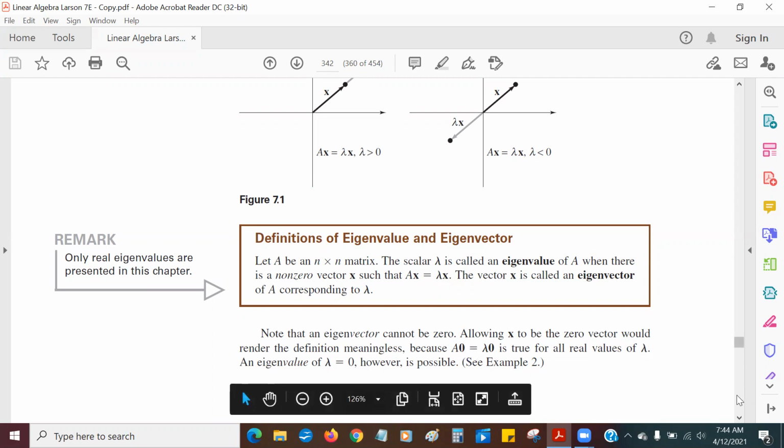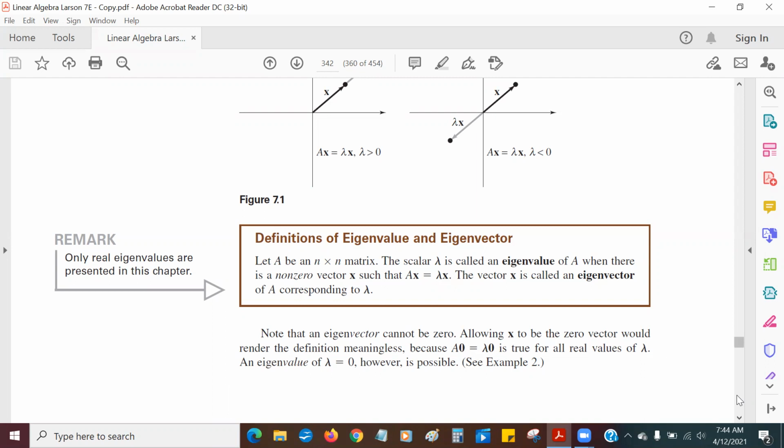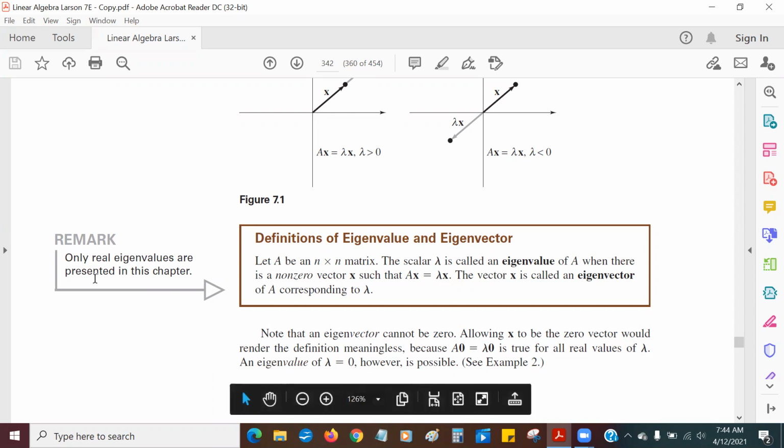Okay, that's clear. I'm being very slow and very precise about the terms because it's important we have our terminology straight, and then we can start building. Here's an interesting comment.